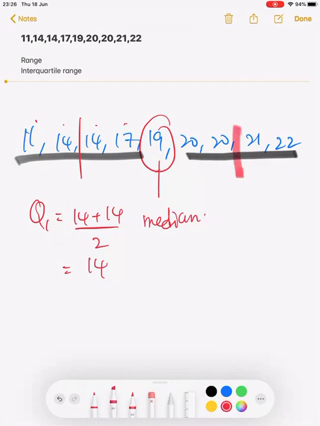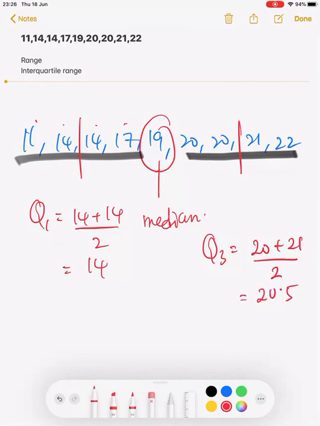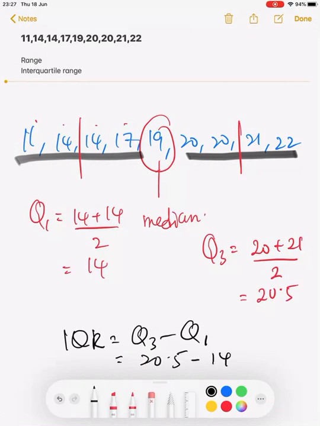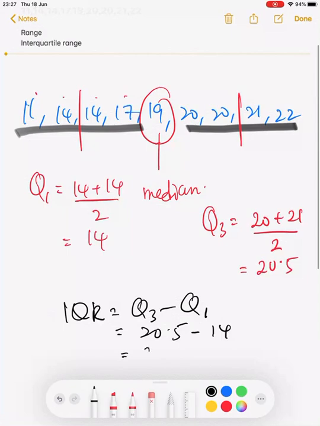It's the average of 20 and 21. So Q3, the third quartile, is 20 plus 21 over 2 equals 20.5. So the interquartile range equals the third quartile minus the first quartile, which is 20.5 minus 14 equals 6.5. That's the interquartile range.